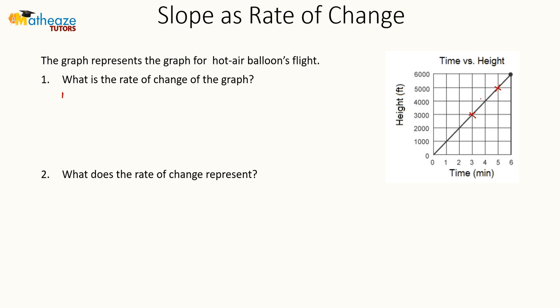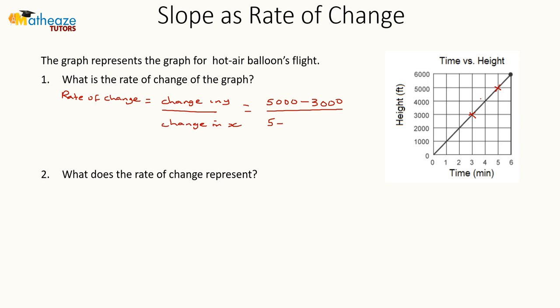So rate of change is the change in y divided by change in x. So the change in y is 5,000 minus 3,000 divided by 5 minus 3.